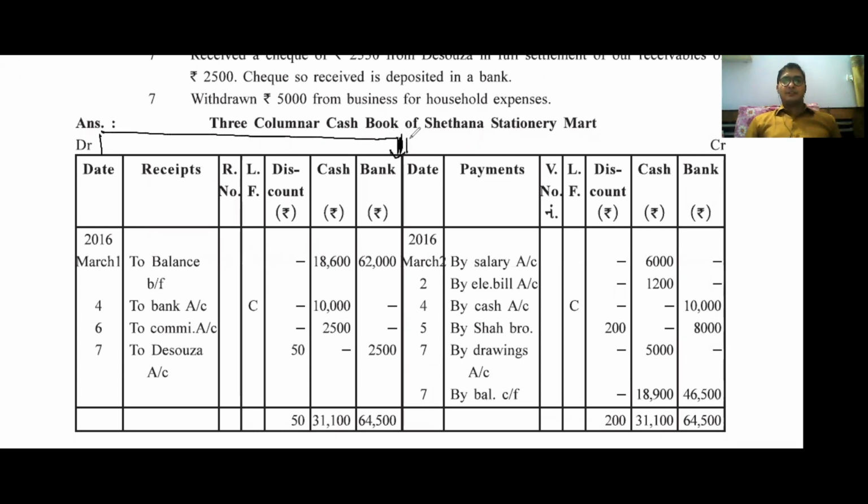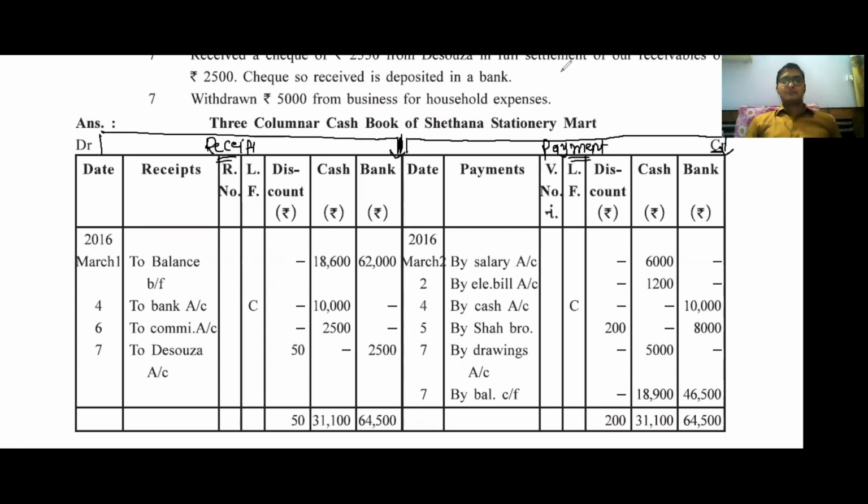Then after, we have to prepare the cash book again from date to last bank. This is for the credit side. It is called the debit side, also we can say the receipt side, and here it is called the payment side. Got it?